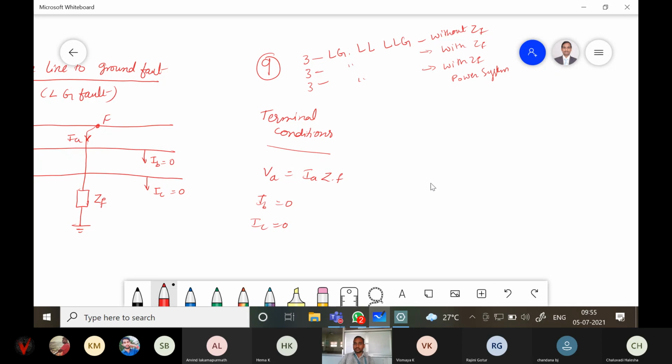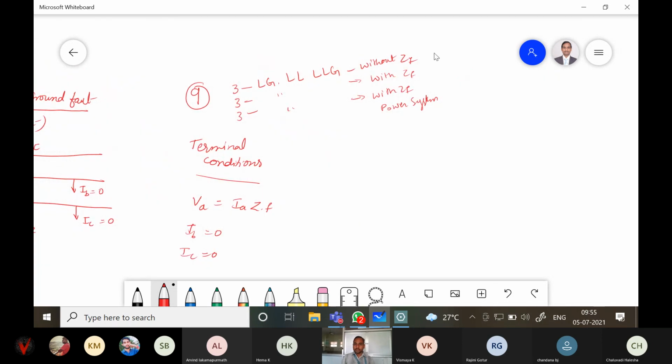The first two are related to the unloaded generator. So total 9 derivations, 3 sets each, for LG, LL, and LLG faults. Without ZF and with ZF, there are small modifications in the derivation.